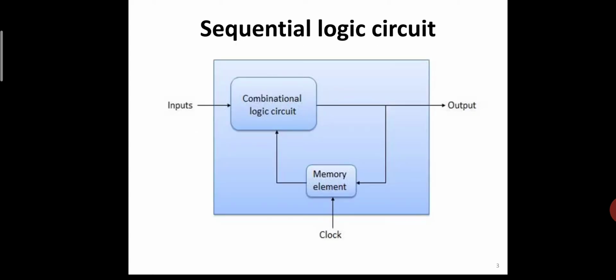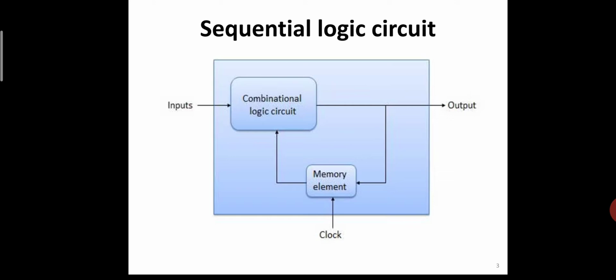So first we need to learn what a sequential logic circuit is. Sequential logic circuits are circuits whose present outputs depend upon the present inputs and the past outputs. In order to monitor the past output, we require some feedback circuit.